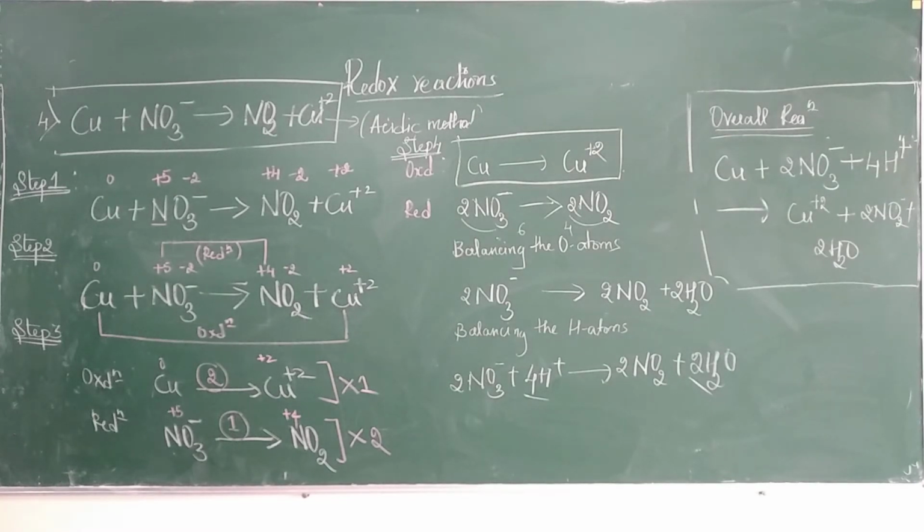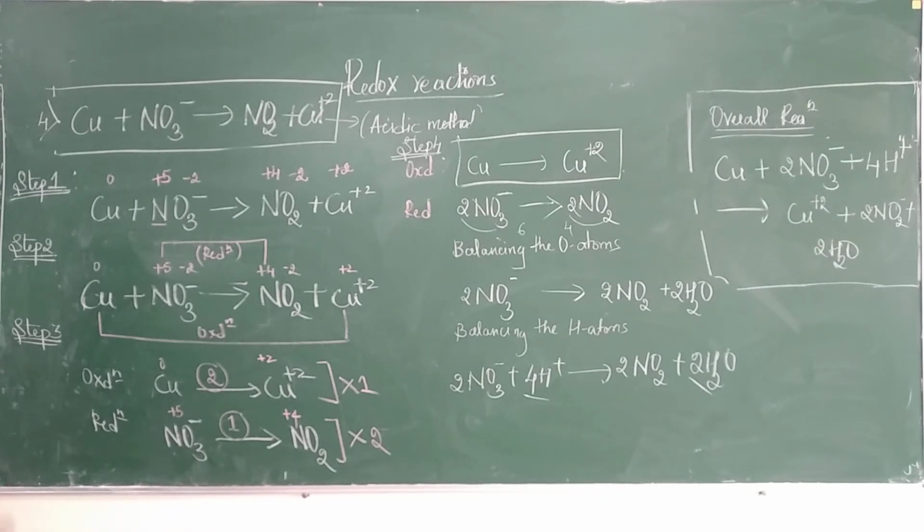Okay. See here, now we are going to balance the redox reaction by the second method. Which is our second method? Ion electron method. All the rules for balancing a redox reaction using the ion electron method are the same as those of the oxidation number method.